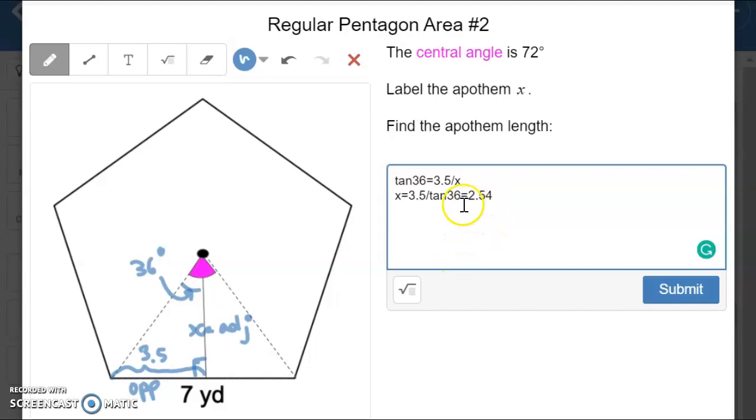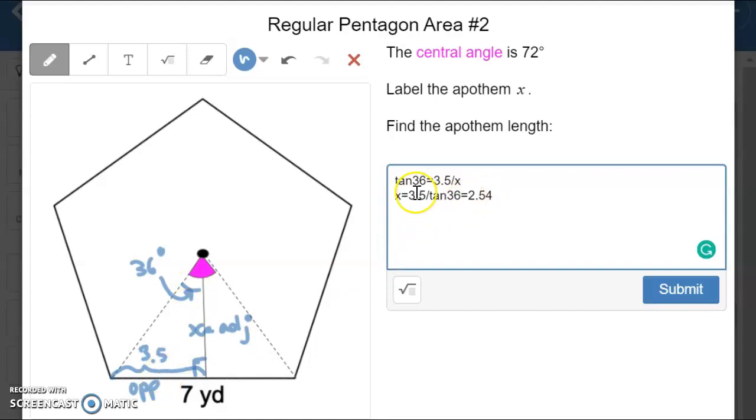Again, check: does your answer seem reasonable? If this is 3.5, does it seem reasonable that this could be 2.54? Actually, when I think about it, it should be bigger than 3.5 because 36 degrees is less than 45 degrees.